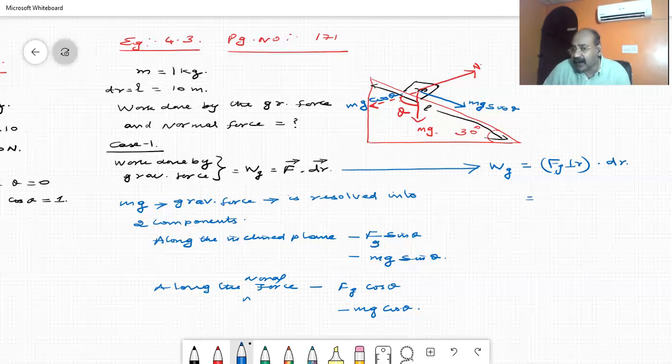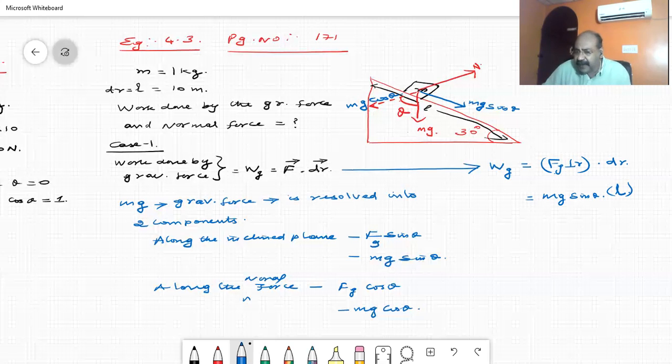The component of the gravitational force along the plane is mg sin theta multiplied with dr. What is that dr? dr is the length of the inclined plane along which it was in motion.